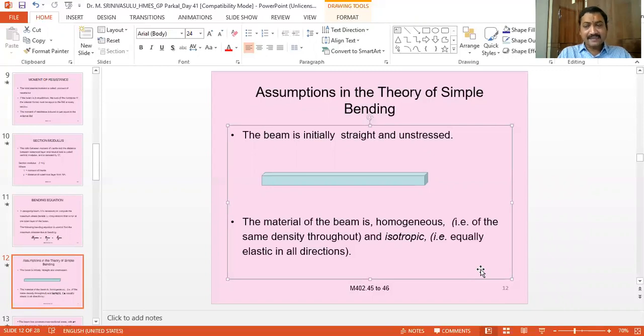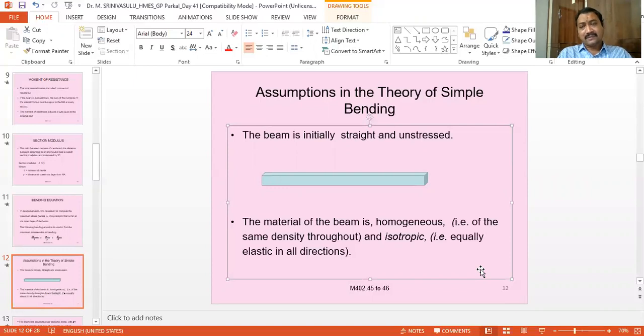Because whenever the beam is subject to some external loading, it will bend, and during the bending the innermost layers or the top layers are subjected to compression, and the outermost layers or the bottom layers are subjected to tension.